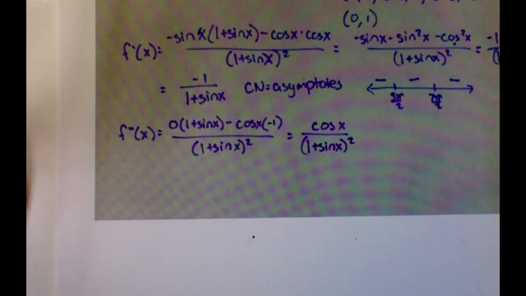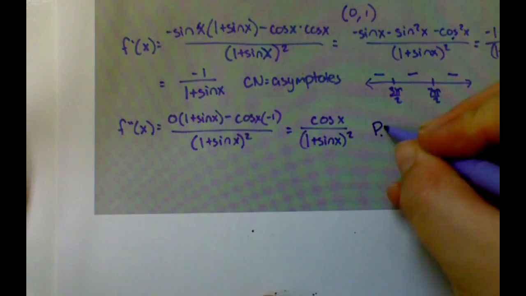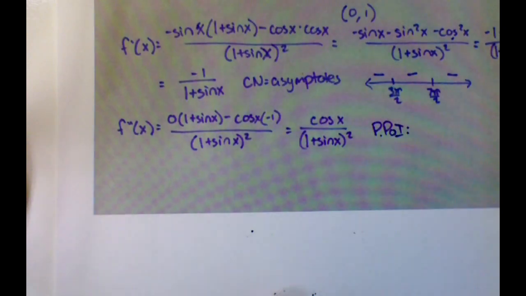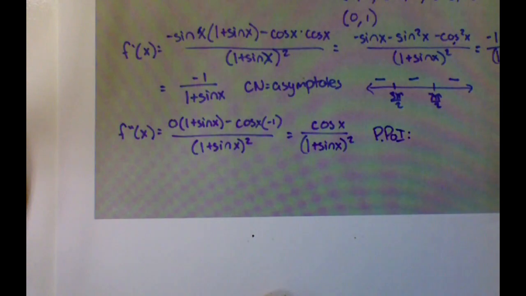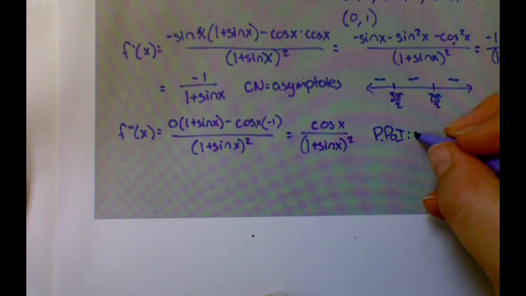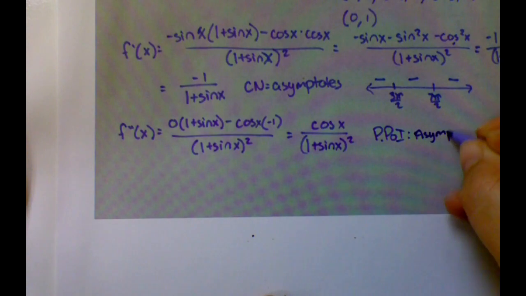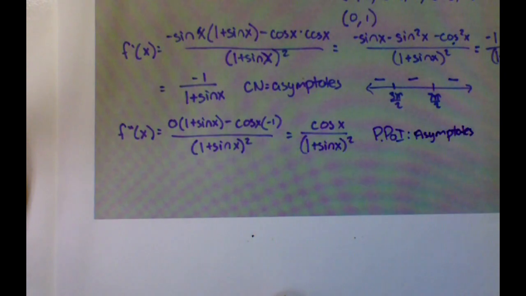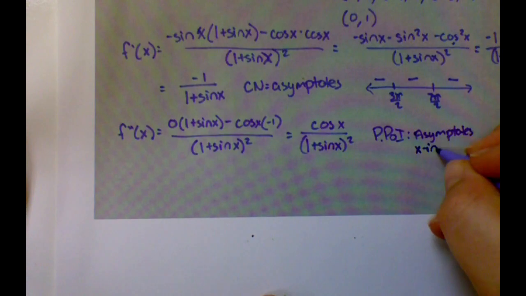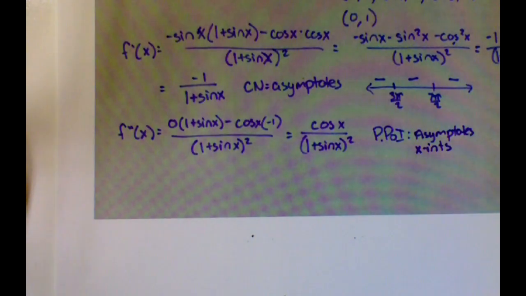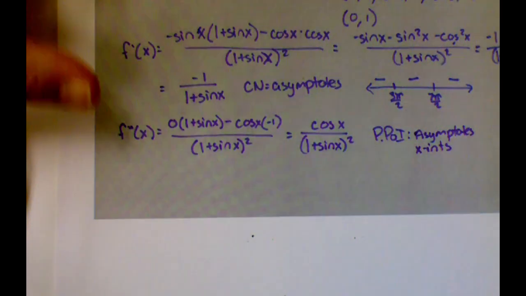Very similar to the original function. Guess what? Our possible points of inflection are the same as our domain, or our asymptotes, and the x-intercepts. I could possibly change inflection at the asymptotes or the intercepts.